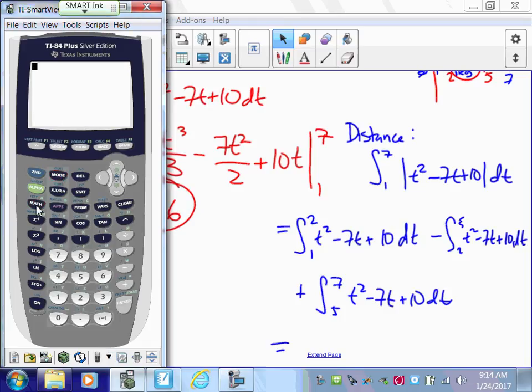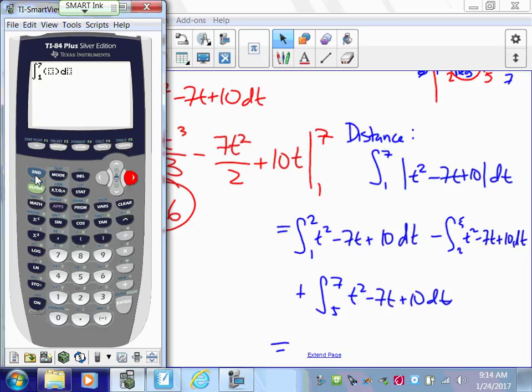What's math interval F in there? F int. So I'm doing fnInt, from 1 to 7.